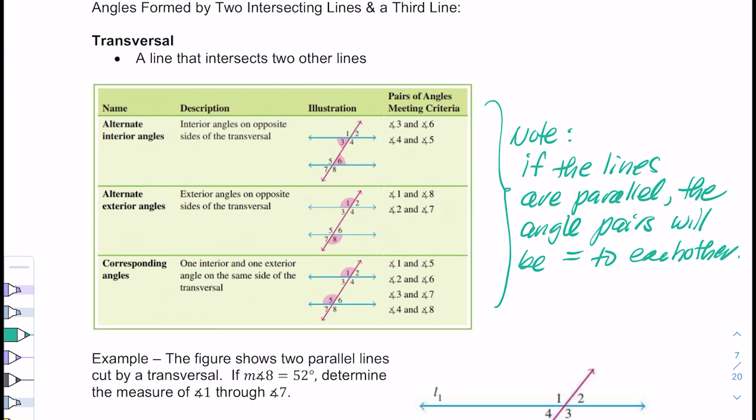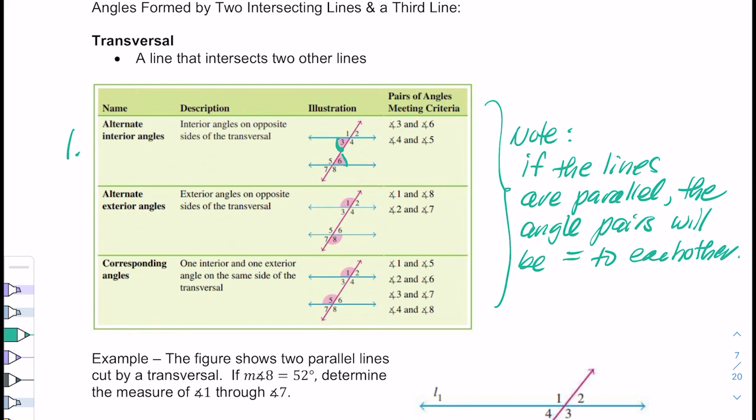So what I mean is, in the first example here, if those two green lines are parallel, and the transversal goes through them, then angle 3 will be equal to whatever angle 6 is, and angle 4 will be equal to whatever angle 5 is.